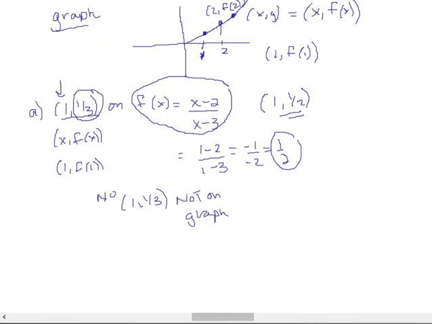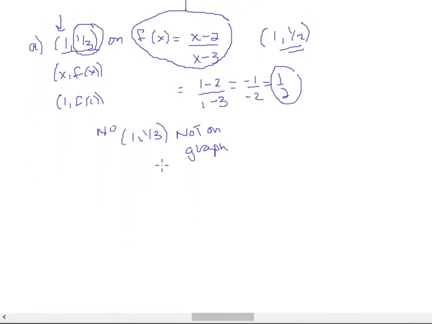Okay, let's take a look at letter B. Letter B says, if x equals 3, what is f of x? Okay, so it's the same thing. I want to find that point when x equals 3, what is f of x?